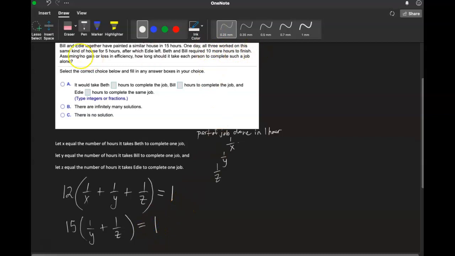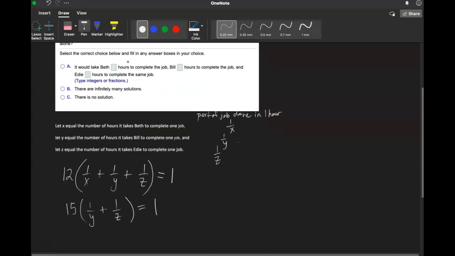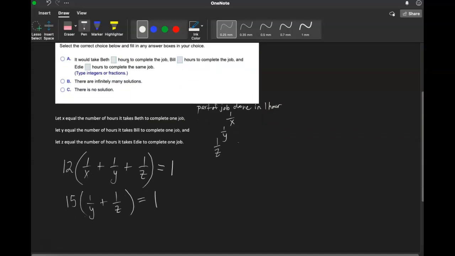One day, all three worked on the same kind of house for 5 hours, after which Eddie left. Beth and Bill worked for another 10 hours. So Beth and Bill worked for a total of 15 hours, and Eddie only worked for 5 to complete the one job. So this one's going to be a little bit different.